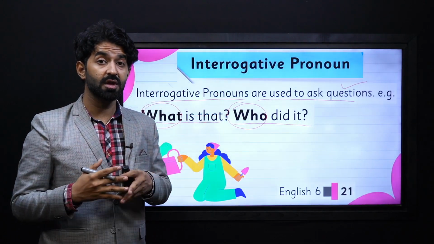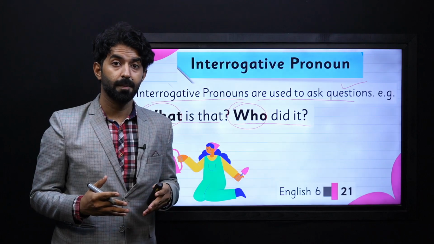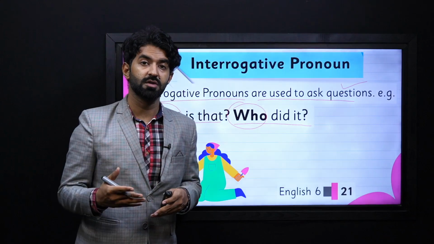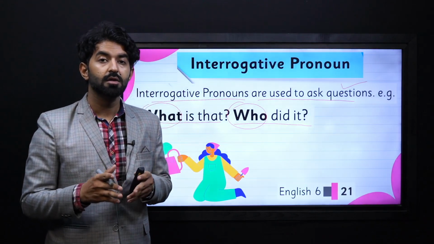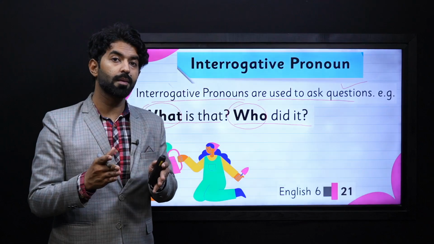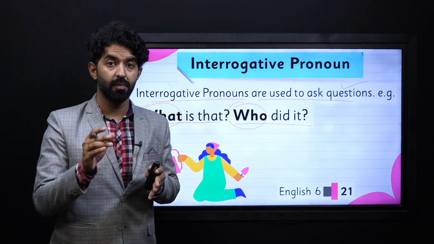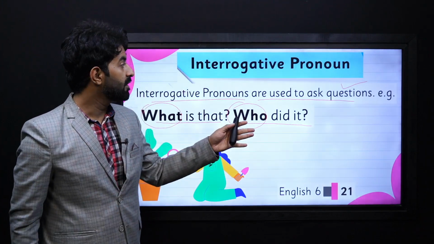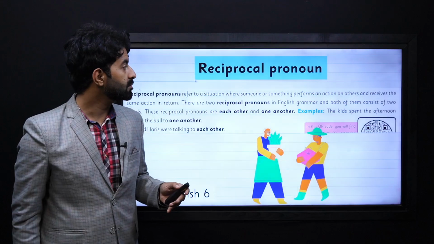I want you to think about them and note them down. Whenever we are using questions in both our speech and writing, most probably the first word is actually your interrogative pronoun.